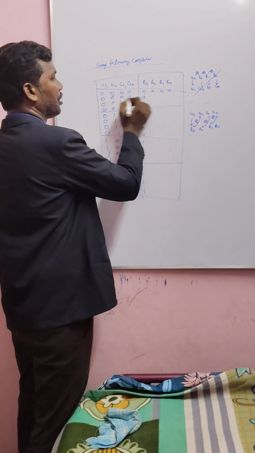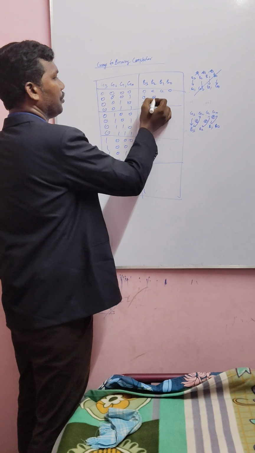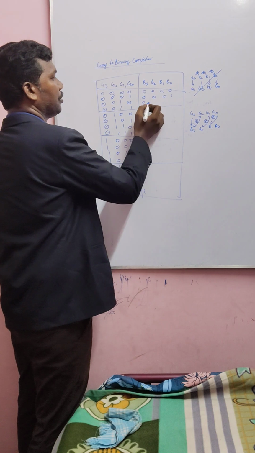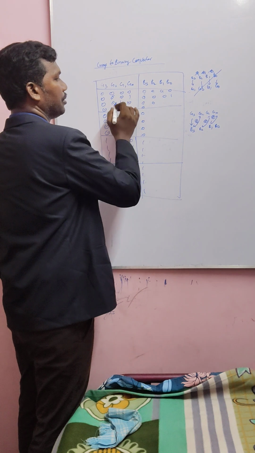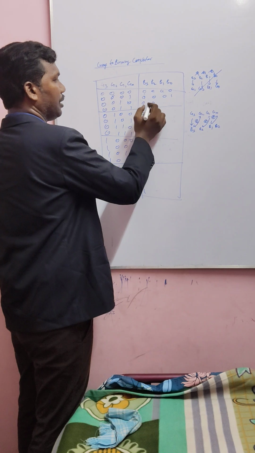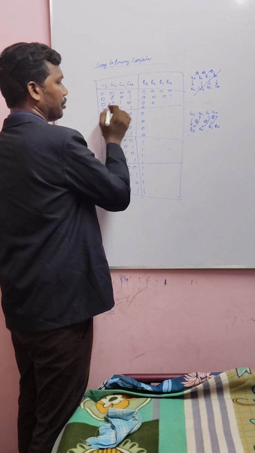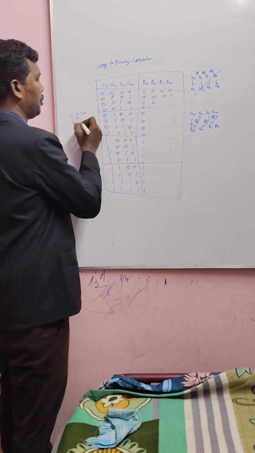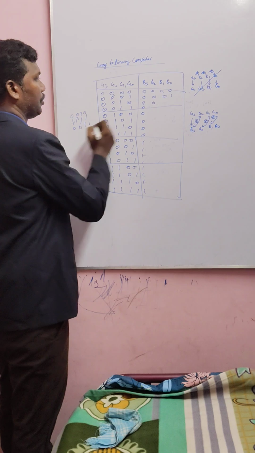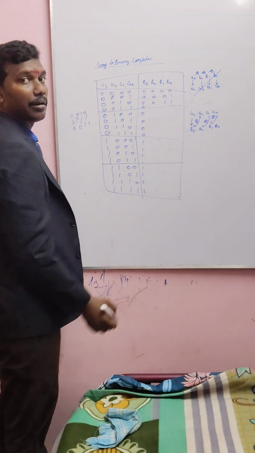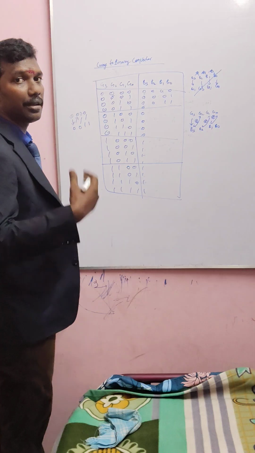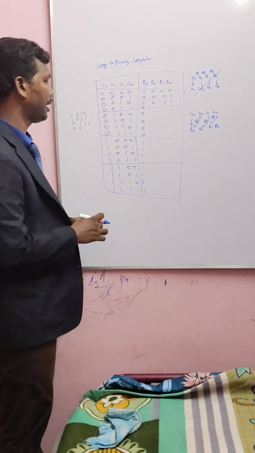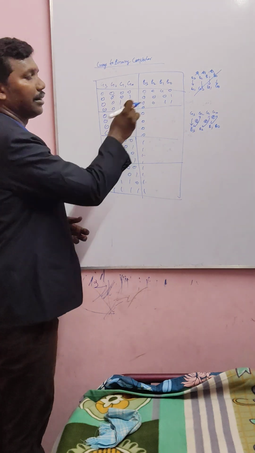The second combination: 0 with 0 is 0, 0 with 0 is 0, 0 with 1 is 1. Now for 0010: 0 with 0 is 0, 0 with 1 is 1, so the result will be 0011. That one is easier. When the values are combinations of zeros and ones, it may be a little tough, so I have written it on the side here.